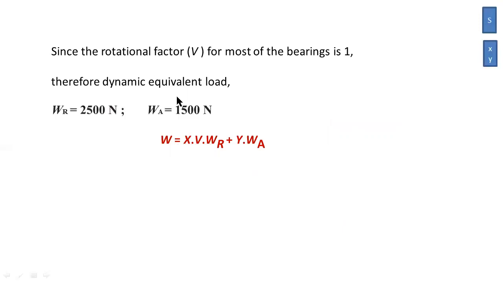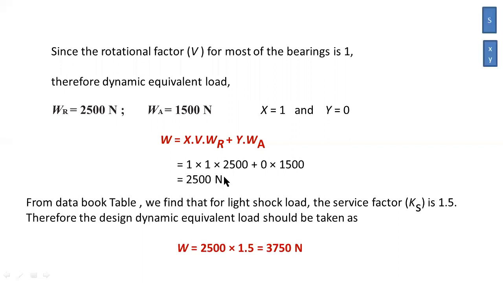Here WR equal to 2500, WA equal to 1500. Substitute these two values and also the values of x and y. So the equivalent dynamic load W equal to 2500.